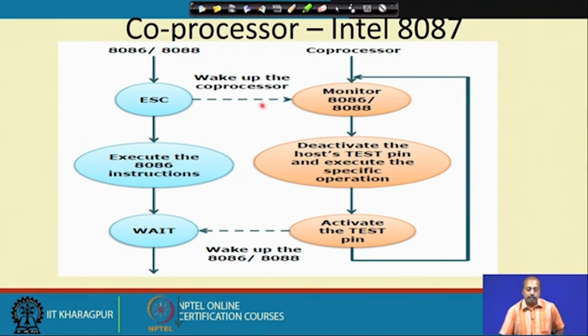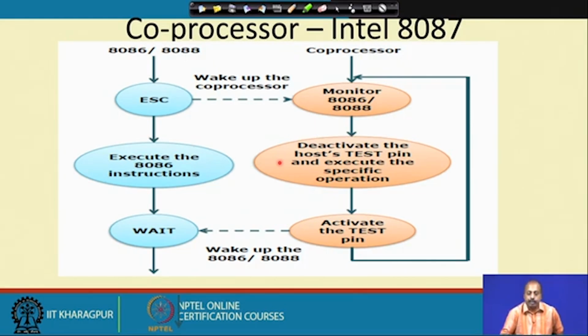On the other hand, if it is an escape sequenced instruction, the coprocessor will be triggered, deactivate the host's TEST pin and execute the specific operation.